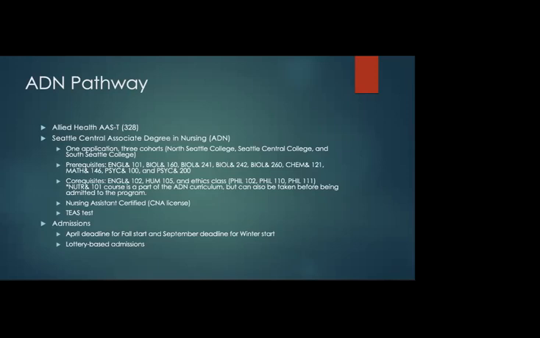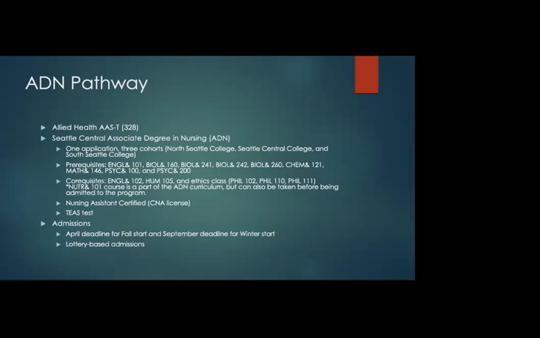So the difference between a prerequisite and a co-requisite is that prerequisites are classes that you have to take before you can apply, before you're eligible to apply into the program. Co-requisite requirements, on the other hand, are classes that you have to take before you can graduate with your associate's degree in nursing.